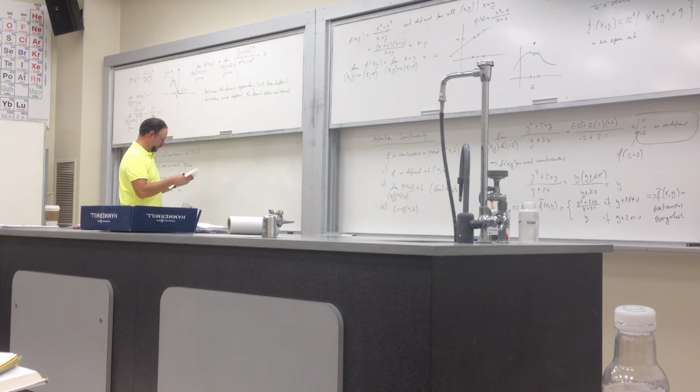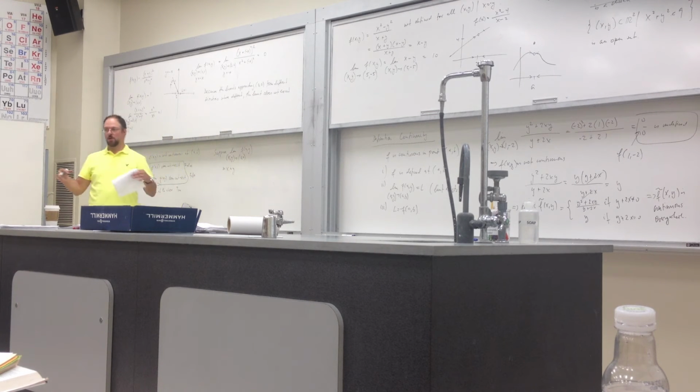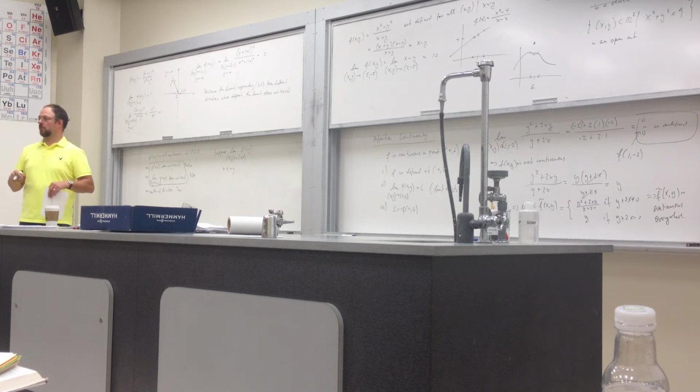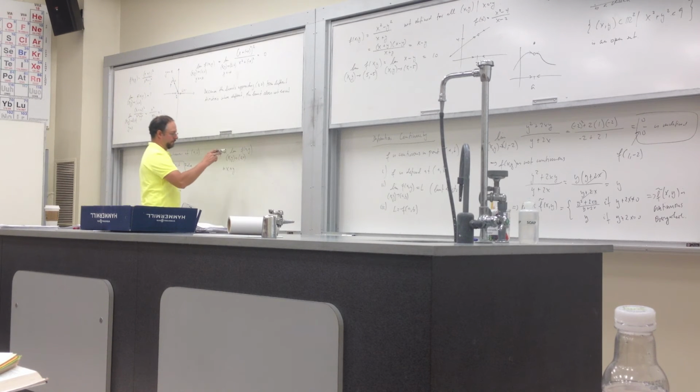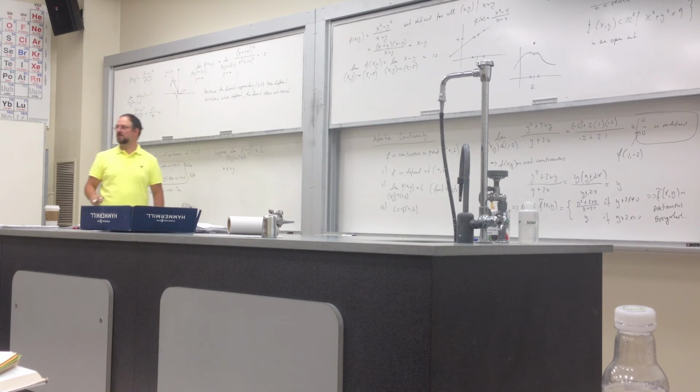So we have, suppose the limit as x and y approaches 0, 0 of f of x and y, along the paths where m times x is equal to y, so it approaches the origin on some straight line, is equal to L, so that limit exists.